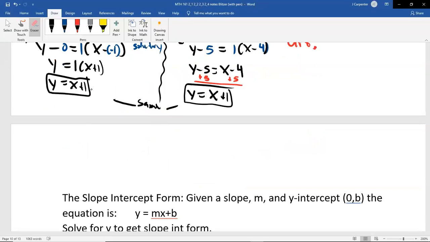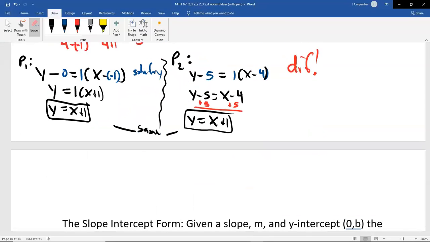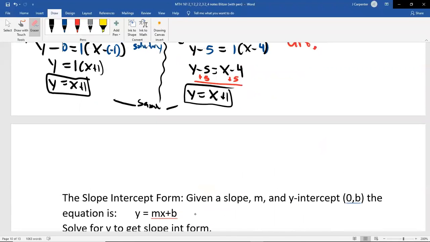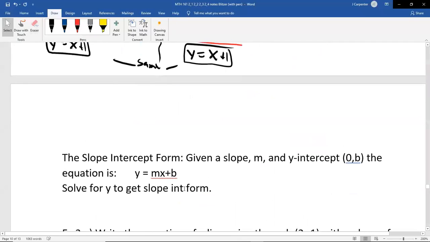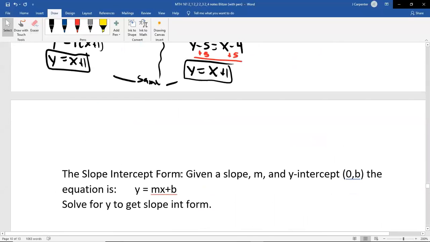Okay. So this thing, when we've taken these last two examples and solved it for y, I said it has a specific name, and that specific name is the slope-intercept form. Slope-intercept form.